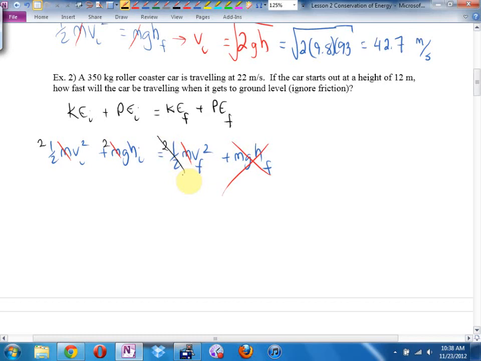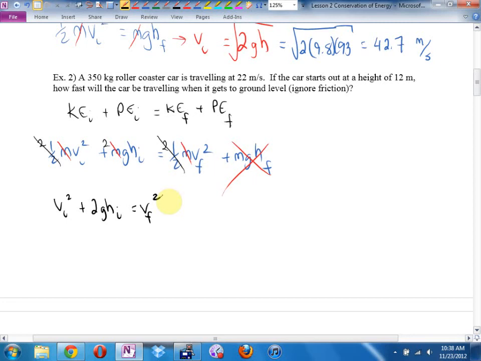And 2 times a half cancels there. It doesn't cancel in the second term, but I get Vi squared plus 2ghi equals Vf squared. Again, call me silly, isn't that Vf squared equals Vi squared plus 2ad in disguise?